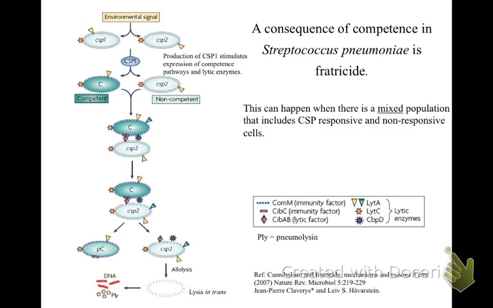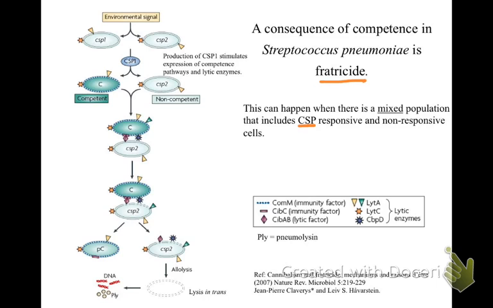Well, let's look at another outcome of production of these CSPs. And by the way, these CSPs are typically about 17 amino acid peptides. They're essentially pheromones because they're very potent at very low concentrations in the cell. So here's an example where a CSP can actually result in fratricide, killing of other cells.